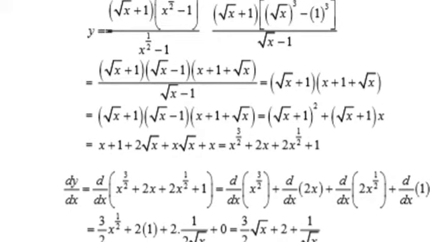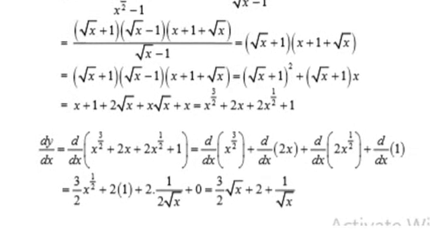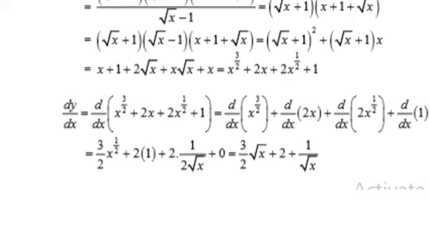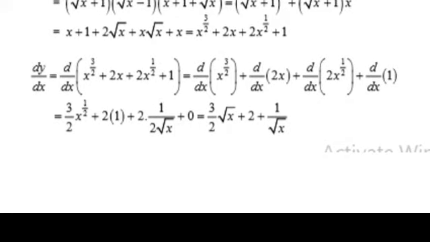Then we multiply the values and obtain a series, and then we differentiate these values and apply the same rule. In the first term, power minus 1; second term 2x, derivative of x is 1; in the third term, its power is 1 by 2, 1 by 2 minus 1; and the last term, 1, its derivative is 0.